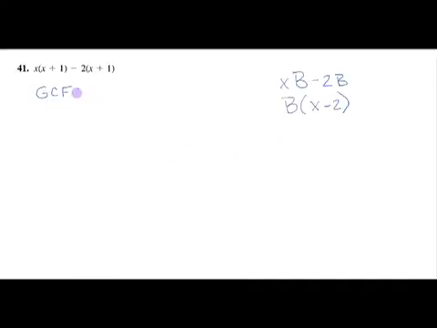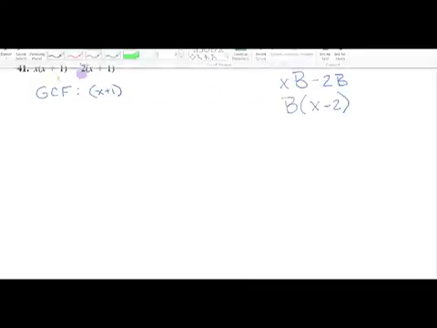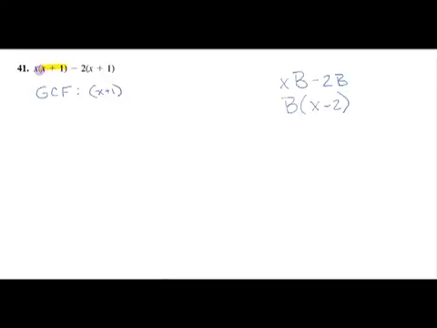So it's the same thing with this polynomial, except that the binomial is our b. So what we'll do is recognize that x plus 1 is the greatest common factor, just like the b is the greatest common factor. Let me highlight these to let you see. This x plus 1 is the same as this b, and this x plus 1 is the same as this b.